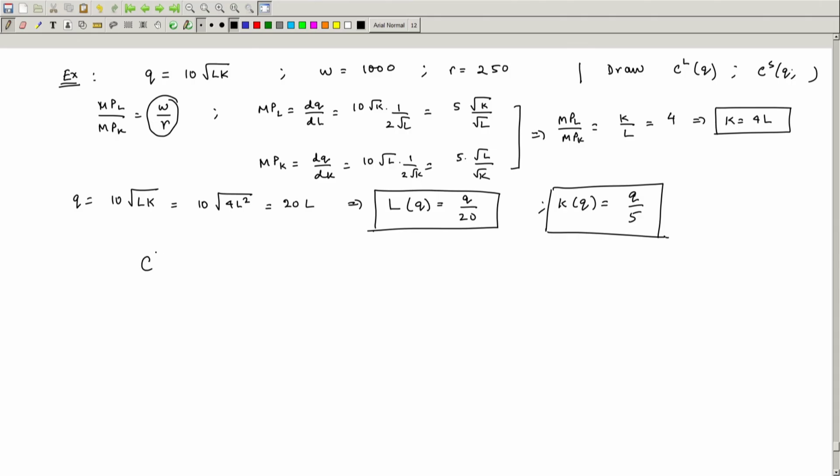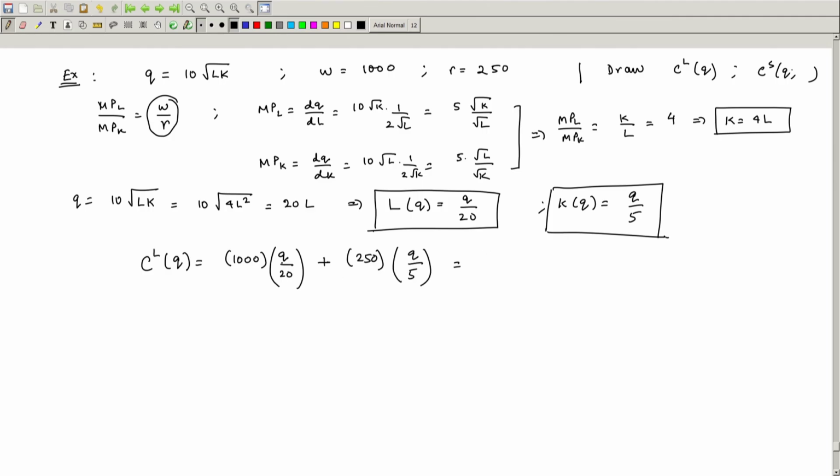So, what is my long run cost function? My long run cost function is the cost of labor plus the cost of capital. Notice both labor and capital are decision variables. So, 1000 times Q upon 20 is my cost of labor, plus 250 times the capital, which is Q upon 5.